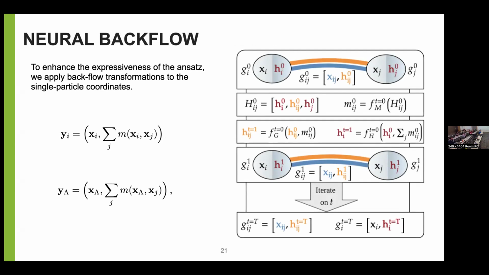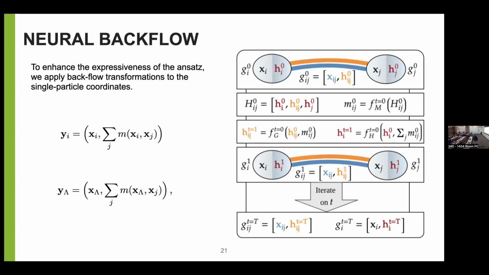So we iteratively build correlations. But the bottom line is that instead of the raw coordinates being the input to the Pfaffian and to the single particle orbital of the lambda, we do a backflow transformation. So each nucleon coordinate depends on the coordinates of all the nucleons and the lambda, and the coordinate of the lambda depends on the original coordinate of the lambda, but also on all the coordinates of the nucleons. Okay, so there are correlations in it.